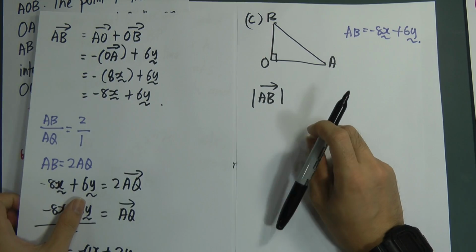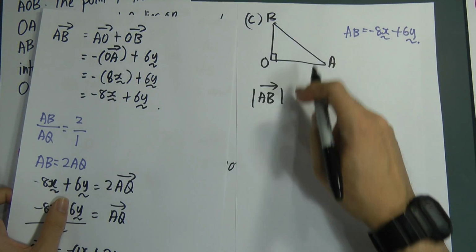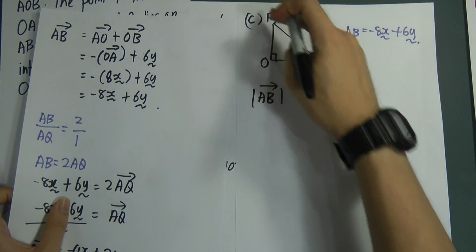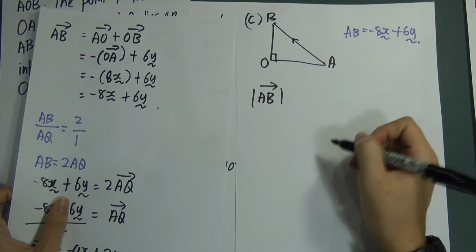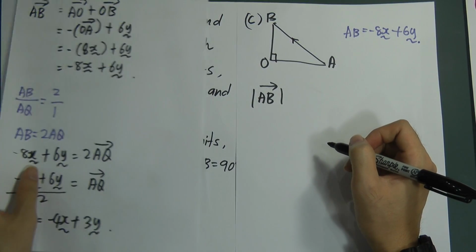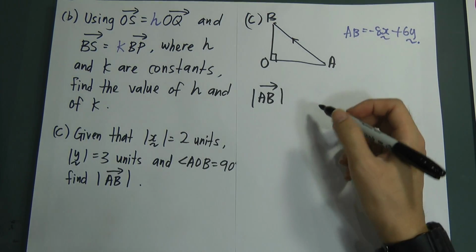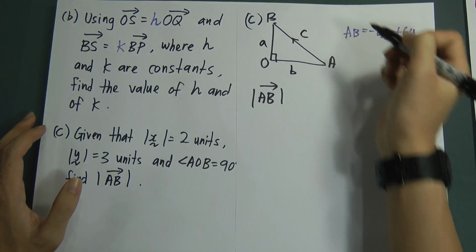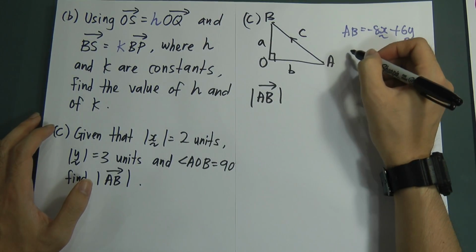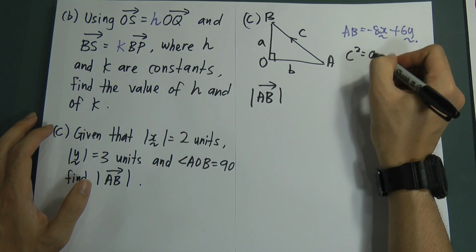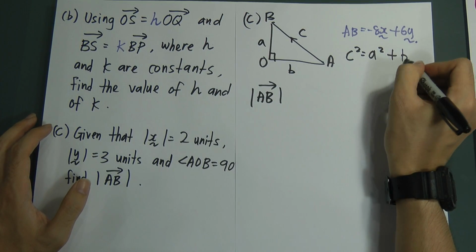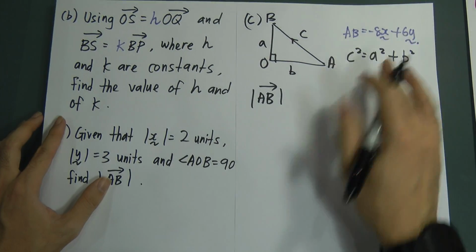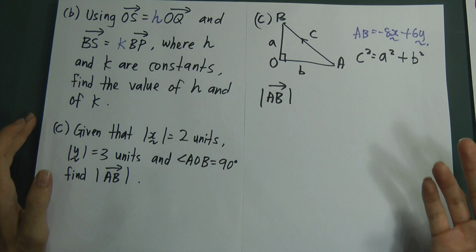Then now he asks you to find the magnitude for AB. So the Pythagorean theorem tells us that if this is A, B, and C, and you want to find C, we have C squared equal to A squared plus B squared. This is what you should learn in Form 3. This is about Pythagoras, right?